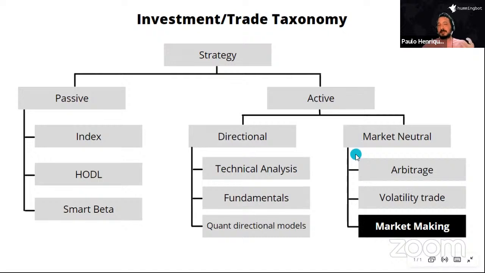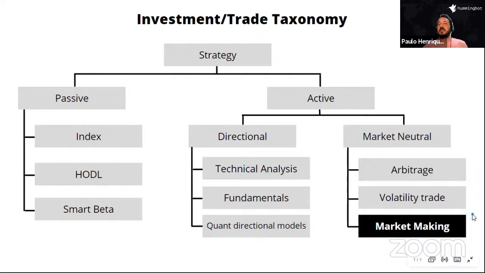The most common examples would be arbitrage and volatility trading. Volatility trading is a bit more complex because you need to use derivatives like options, and you need more specific knowledge to do it.